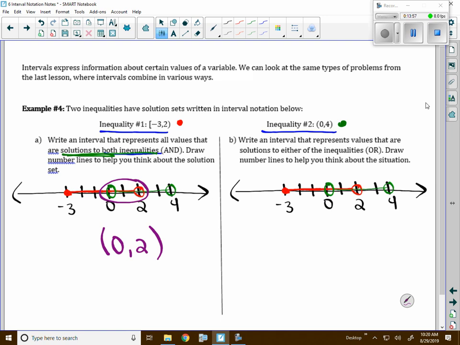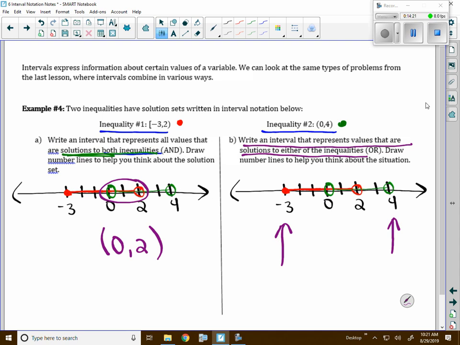But what's different is that it says write the interval that represents values that are solutions to either of the inequalities. So it really includes everything that's on our number line. So we start here at negative 3 and we end at 4.